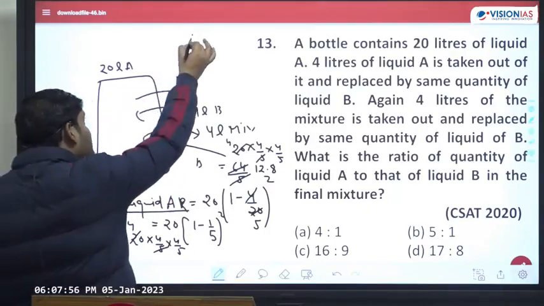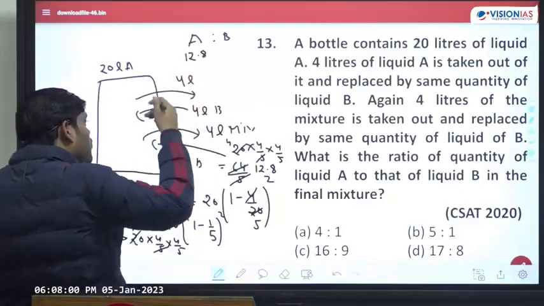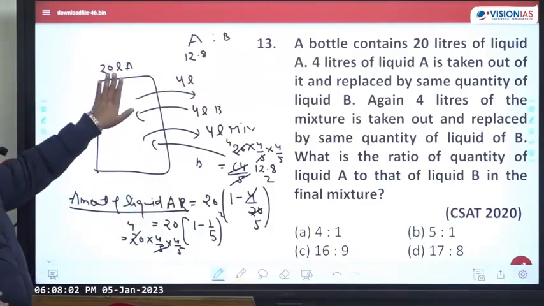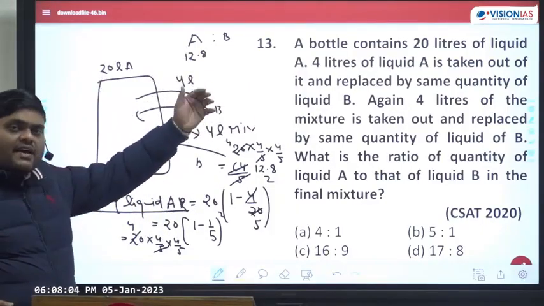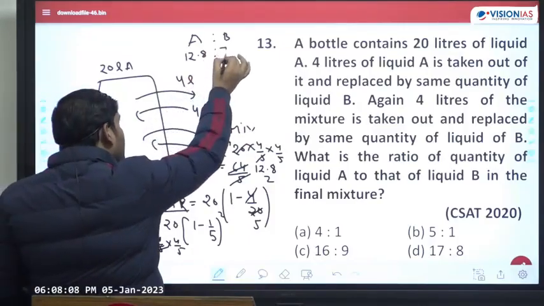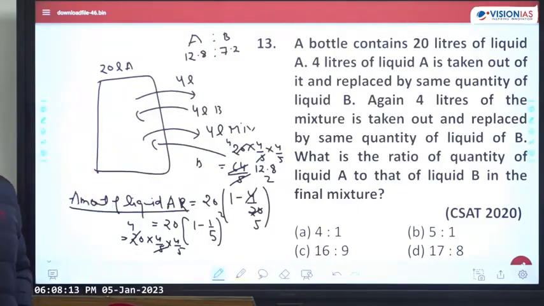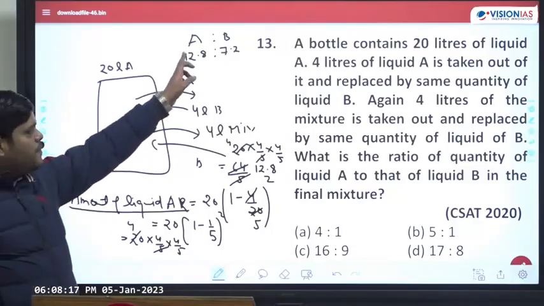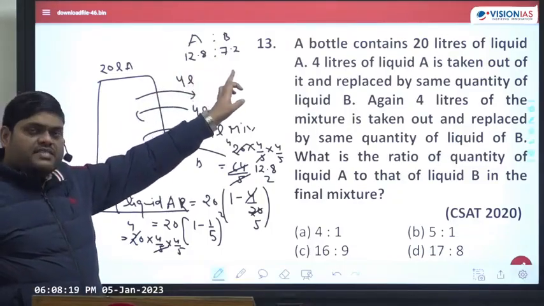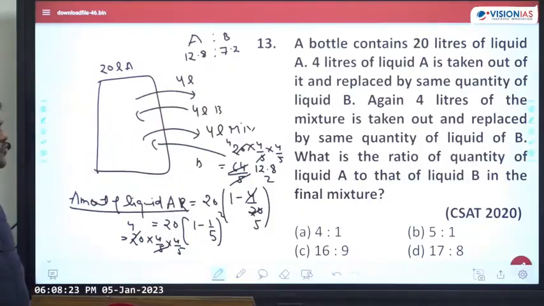So A is how much? 12.8. And total was 20. So remaining will be what? Remaining 7.2 will be your liquid B. Total was 20. So A will be 12.8, B will be 7.2, because when we add both, it becomes 20.